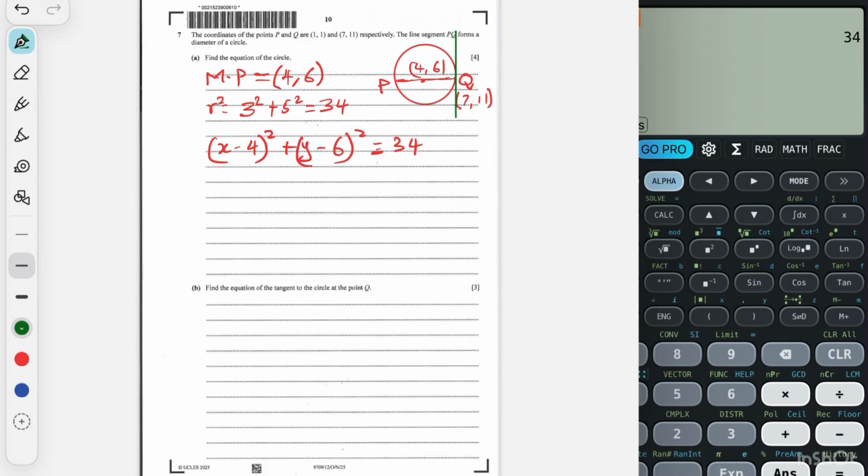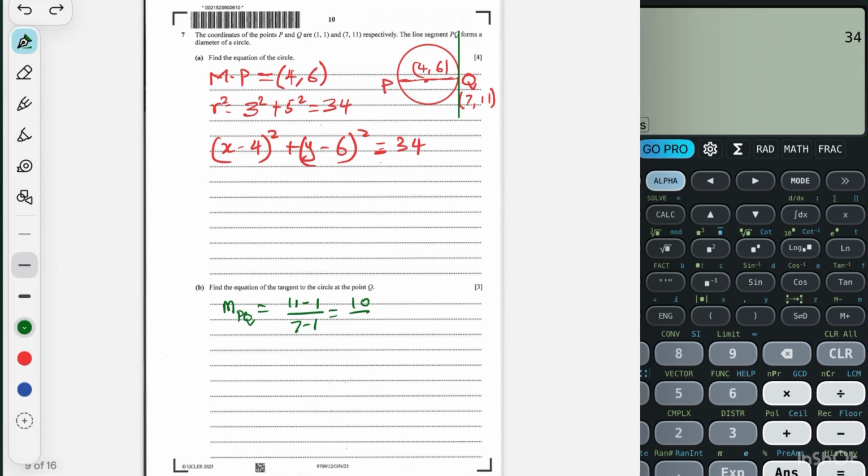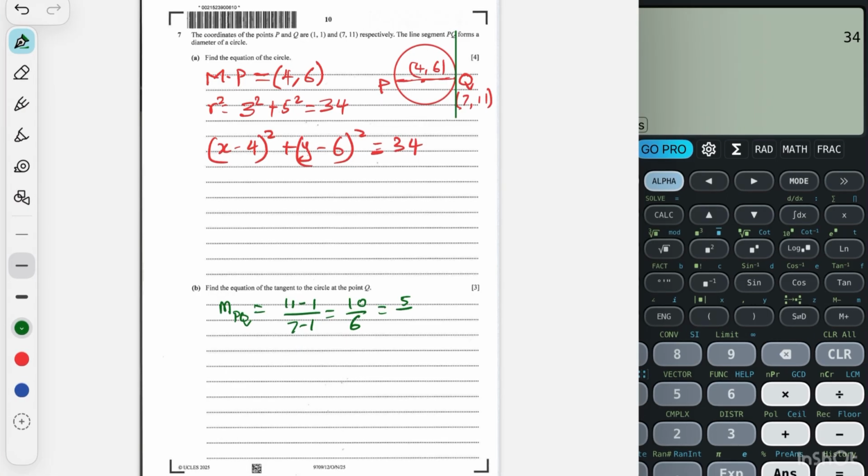So M of PQ will be 11 minus 1 over 7 minus 1, which is 10 over 6, which is 5 over 3. Then my perpendicular gradient of the tangent will be minus 3 over 5, the negative reciprocal.